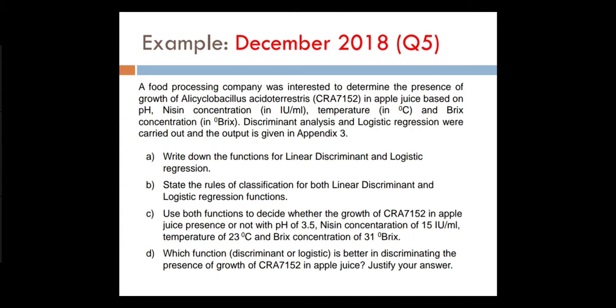Maksudnya Y kita adalah Y equal to 1 if it presence, Y equal to 0 if it not presence. Itu adalah Y. Sebab kata presence based on pH. So presence tadi will be Y based on all the variable yang disebut ni adalah independent variable based on pH, Nisin concentration, temperature dan juga Brix concentration.